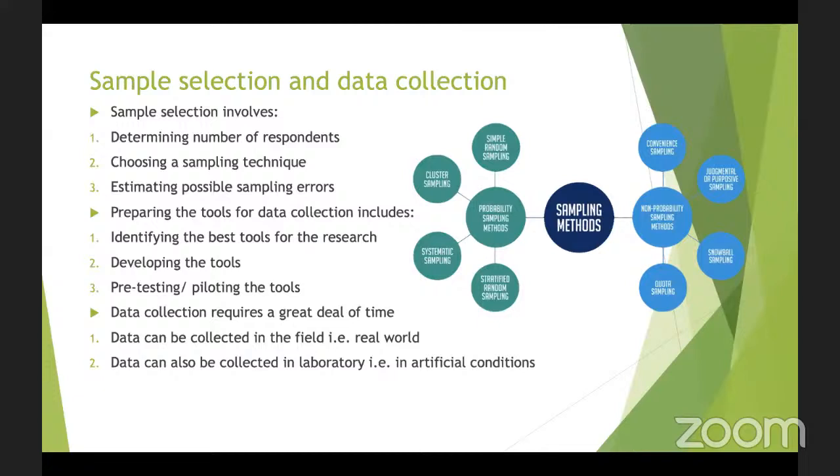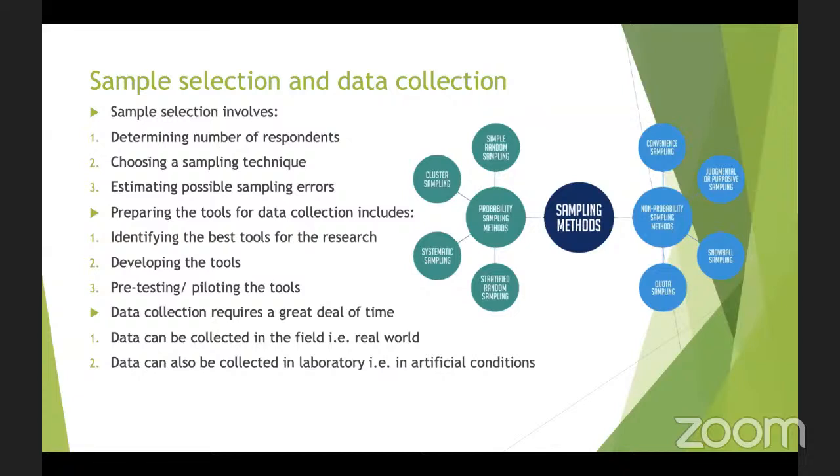You check the language, you try to understand if you have not used any jargons or big terms that normal people will not be able to understand. So basically this whole testing and pre-testing is done, and based on the result of the pre-tested tool, the tool that you designed can be revised or modified, and then it can be finalized.